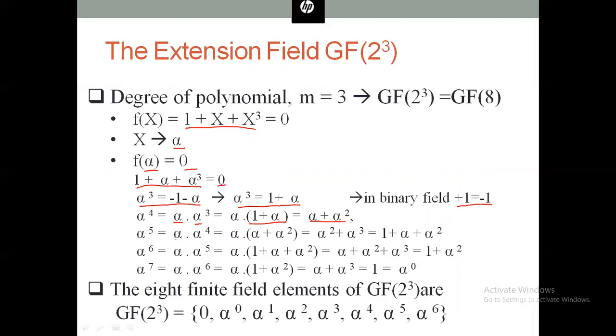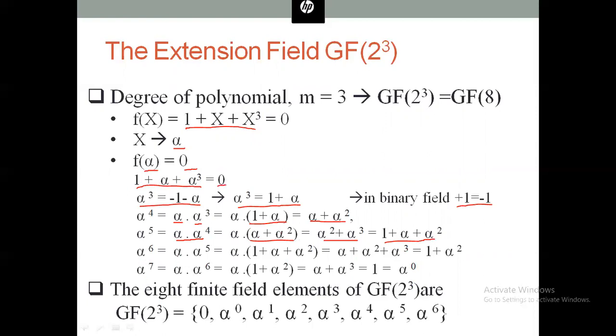For alpha^5, we take alpha into alpha^4, and alpha^4 is alpha plus alpha square, and that is equal to alpha square plus alpha^3. Here we substitute the value of alpha^3, which is 1 plus alpha, so that will become 1 plus alpha plus alpha square.